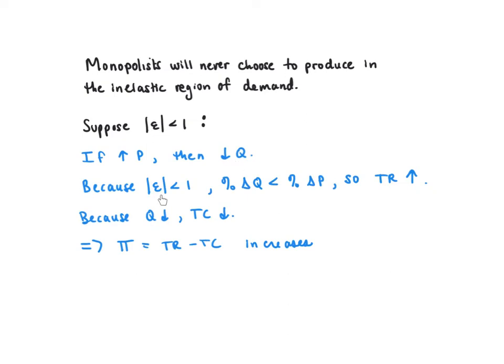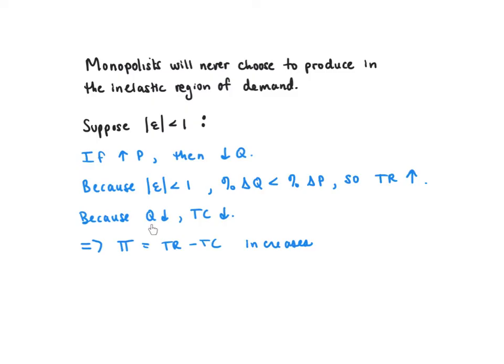Because demand is inelastic, the percentage by which the quantity will fall will be smaller than the percentage by which the price rose. So total revenue, the product of price and quantity, will go up. Again, that's because the price is rising by more than the quantity is falling in percentage terms.